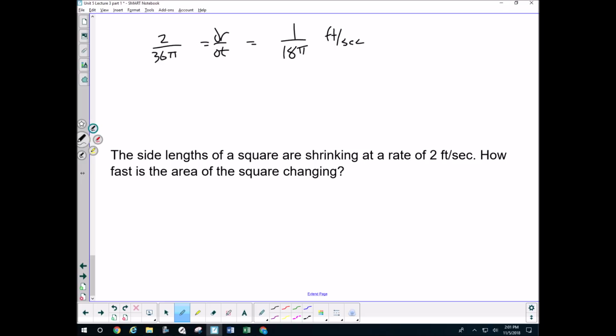I think I need to give you more information. When the length is half a foot.